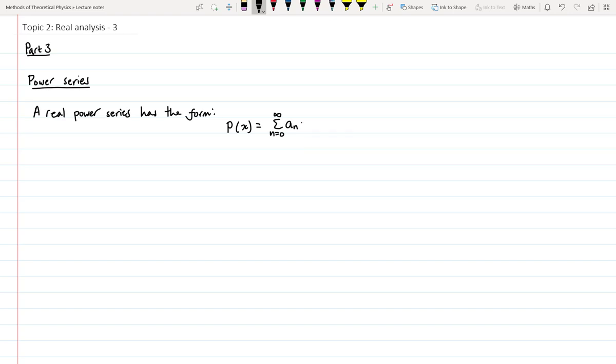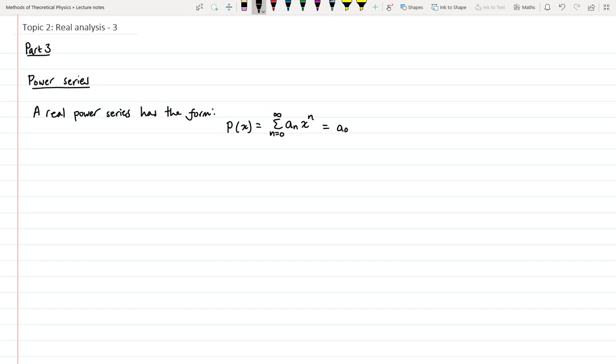Let's begin. We're going to begin by talking about real power series. Now, a power series is an infinite sum of terms in powers of some argument x. So we can write a real power series as p of the real argument x is the sum from n equals 0 to infinity of some real coefficients a_n times x to the n.